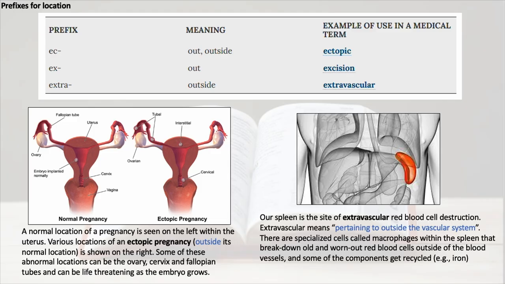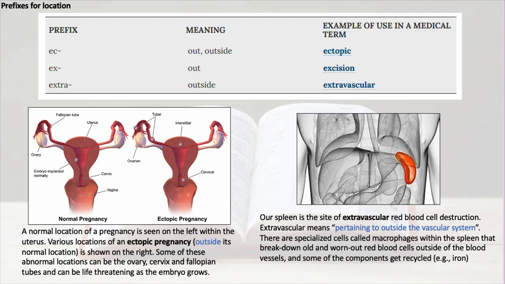And they are going to essentially take in red blood cells within the macrophage and break them down and essentially destroy these worn out red blood cells. This is really important because red blood cells are functioning as the carriers of oxygen throughout our body.